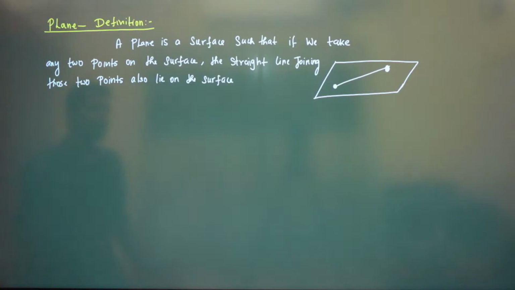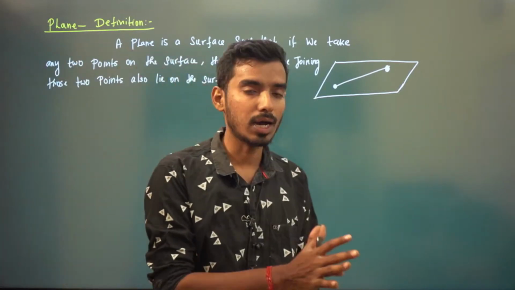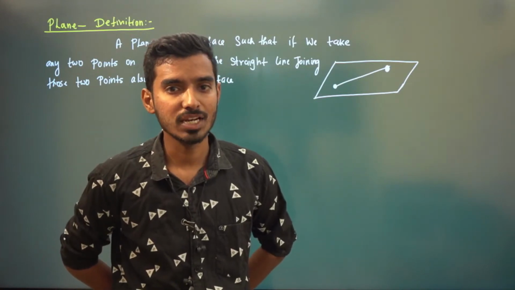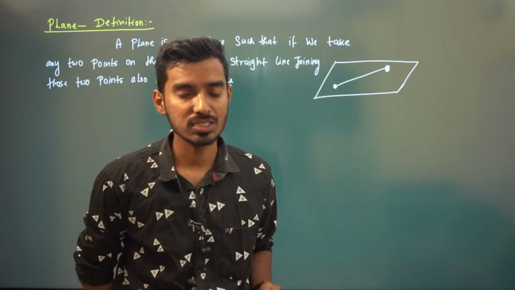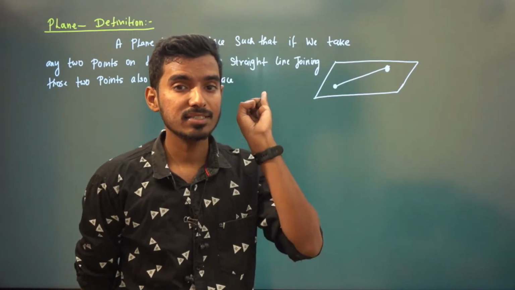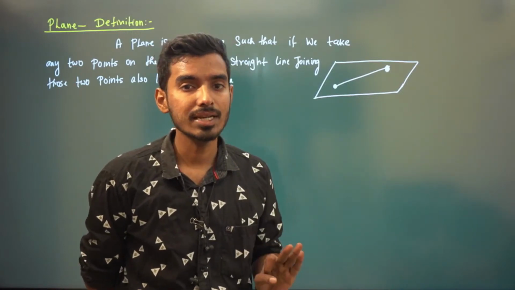Now we're going to derive the equations of plane in normal form and equation of plane in general form. There are three equations of plane. One is in normal form, second is in general form, third is in intercept form.